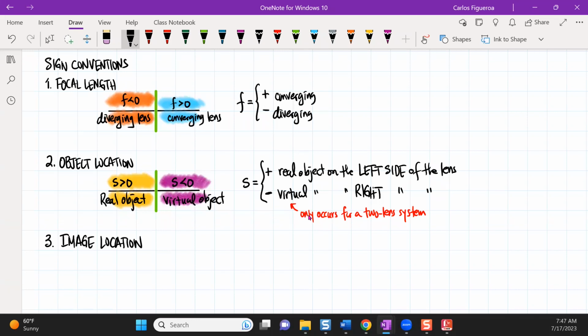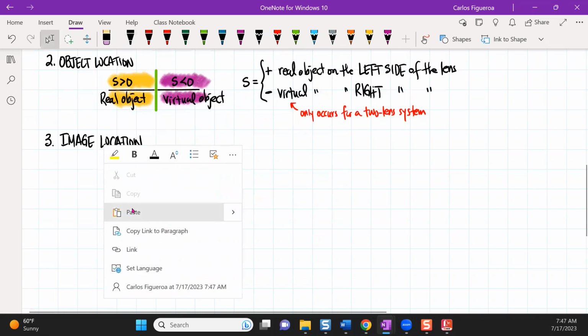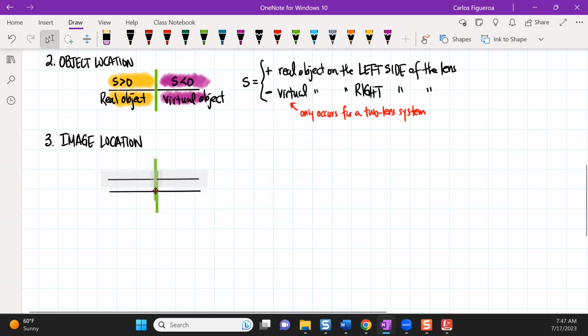So if I look at my image location, it's the same as before here. But think about it in a more physical way. If I have an object on the left, we expect the light to go through the lens.